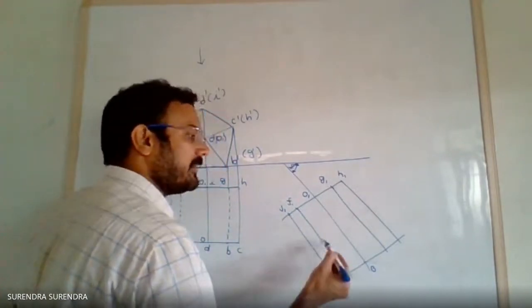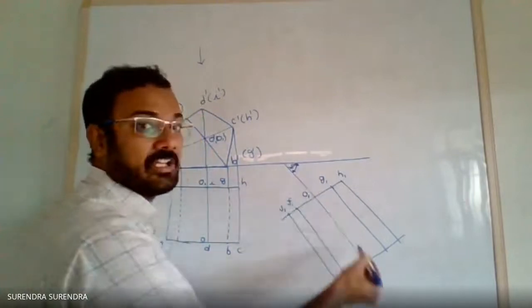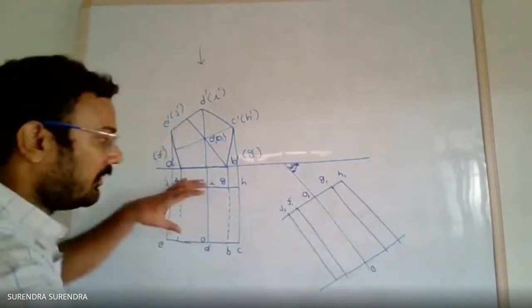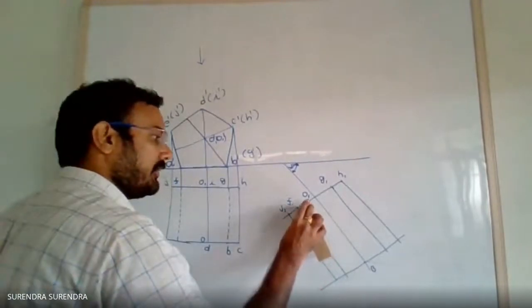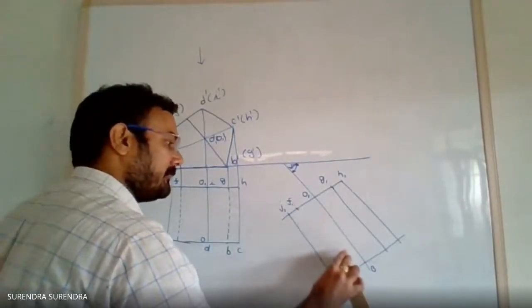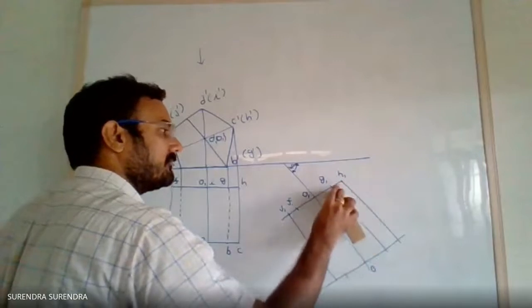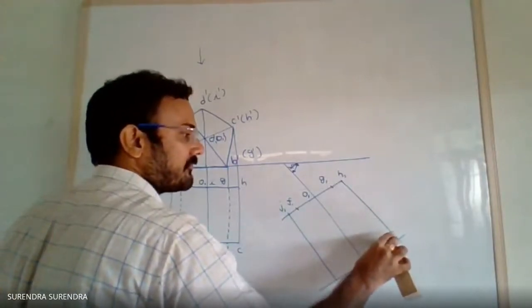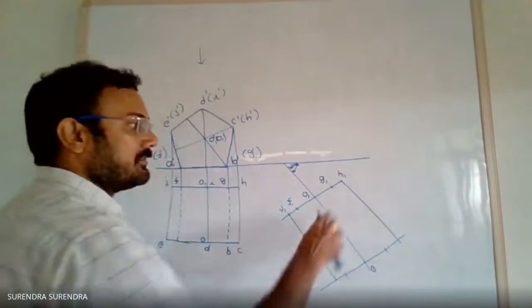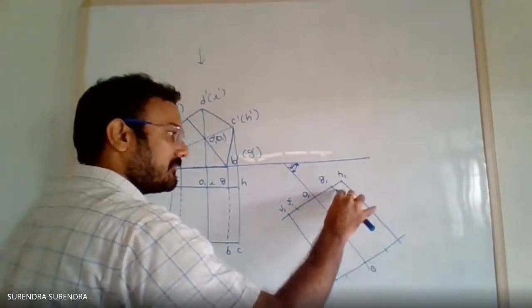All these lines must be parallel to this 40 degrees inclination line. So now we have completed. Actually, these two are dashed lines, so represent the same notation. Draw these two as dashed lines.